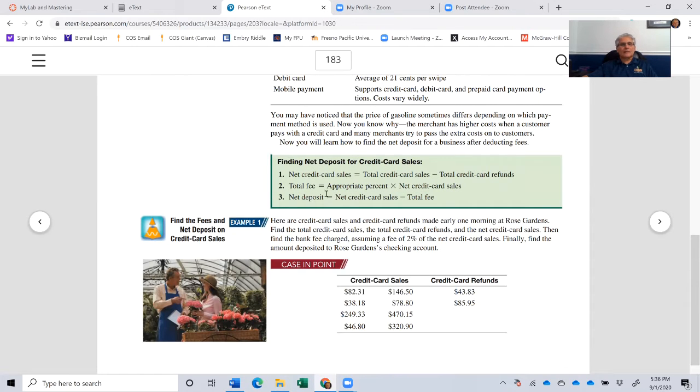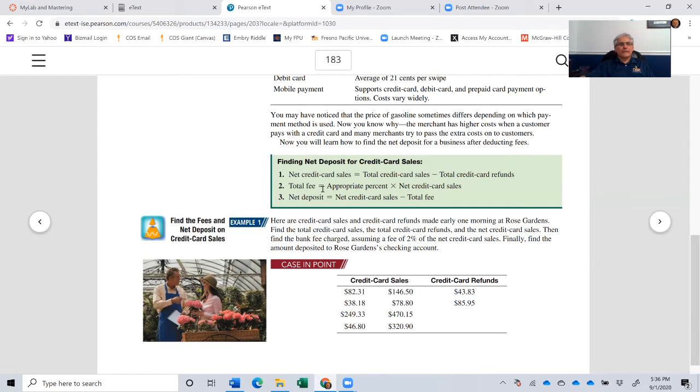Now, businesses often are looking at, well, how much am I going to actually deposit in my account? So the way they're going to be computing that is taking the total credit card sales. We're going to subtract from that any credit card refunds, and that's going to give us the net credit card sales.